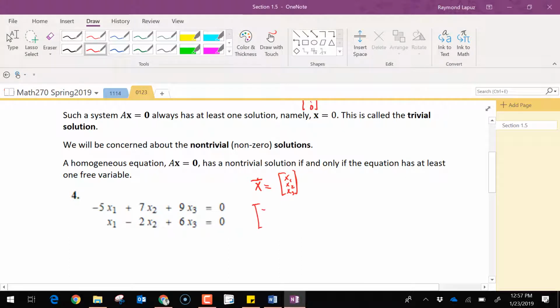the matrix 5, 7, 9, and 1, negative 2, 6 multiplied by x1, x2, x3 is equal to, now the 0 vector on the right-hand side looks like it should just be a two-dimensional vector. And so if you go back to your idea of matrix multiplication, you have a 2 by 3 matrix that you're multiplying with a 3 by 1 matrix.